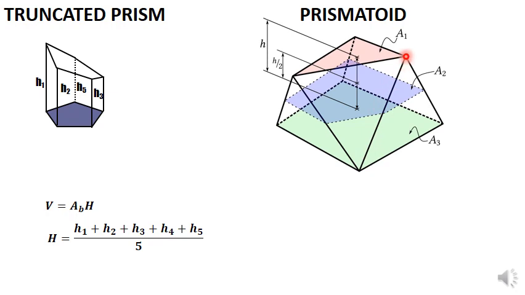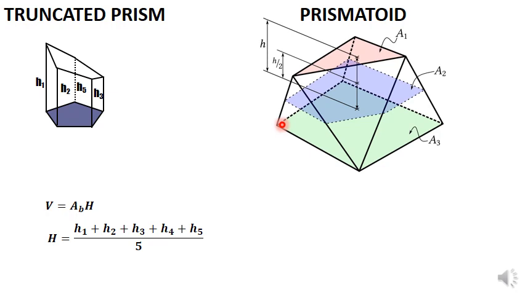Like for example, this one is a triangle, this one is also a triangle, such that the lateral faces, or the vertices of these lateral faces, lie only on the two bases of this solid.